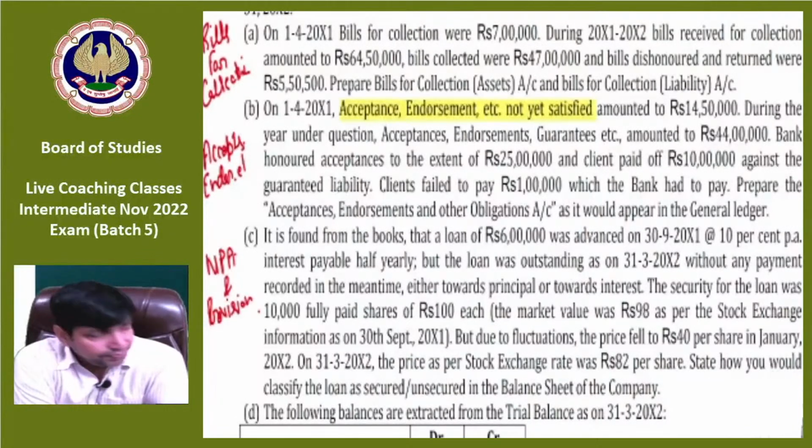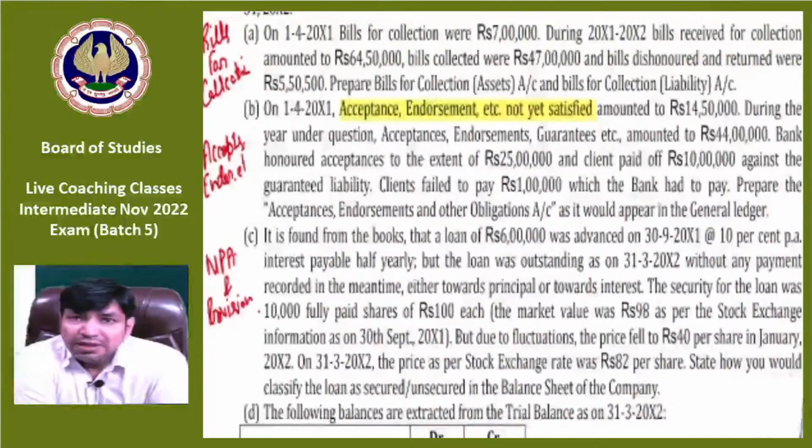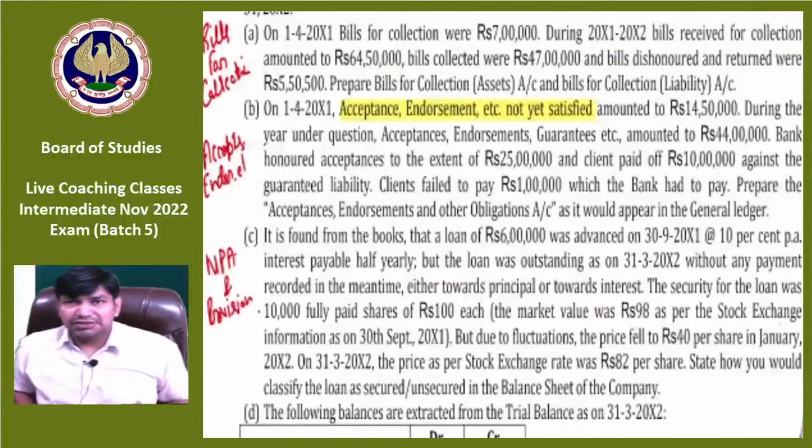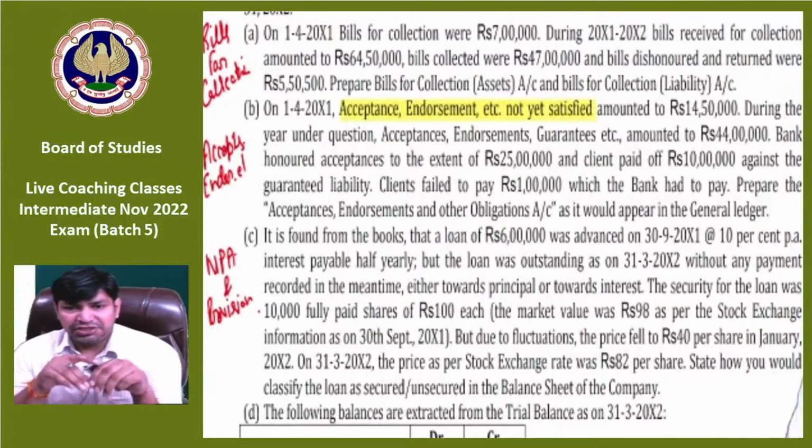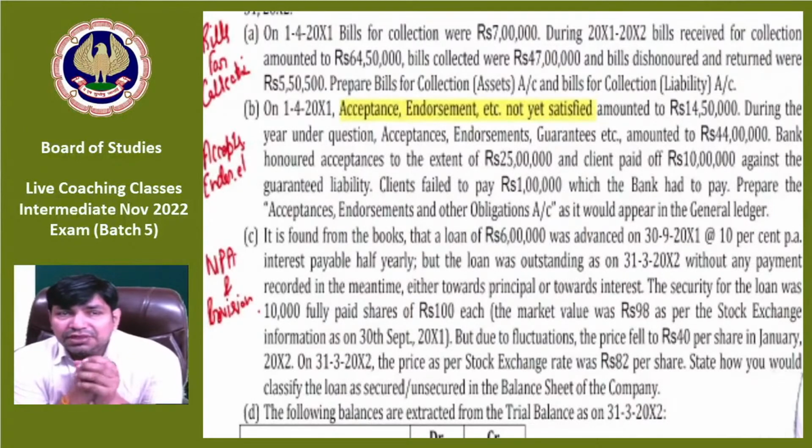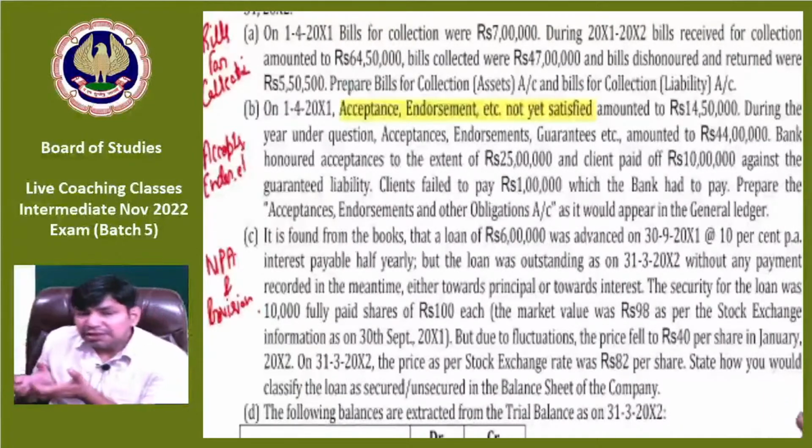What is that? The bank gives a guarantee on behalf of the customer to a third party that this is my genuine customer and he will not cheat you. So the bank gives a guarantee. Sometimes the bank accepts on behalf of the customer also, but only after receiving security from the customer.